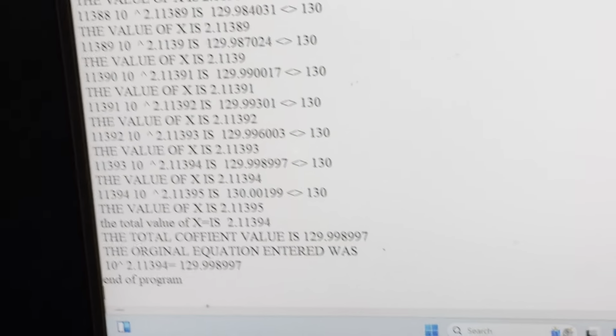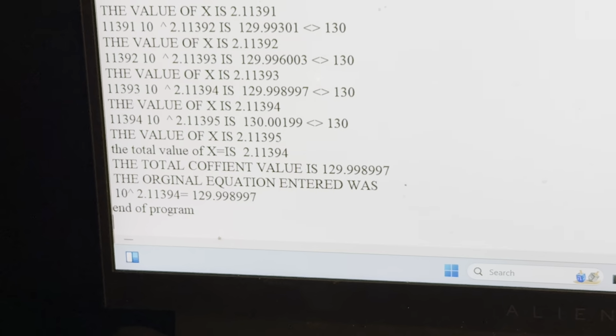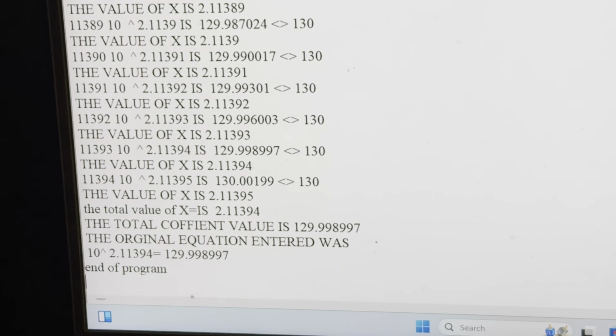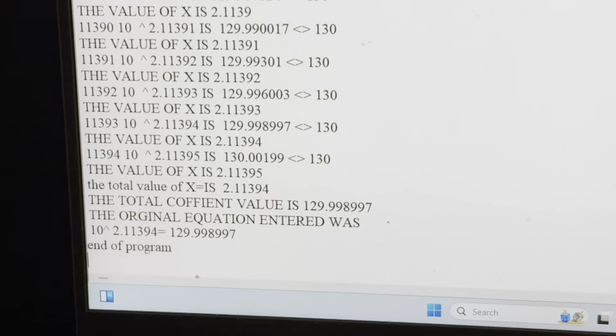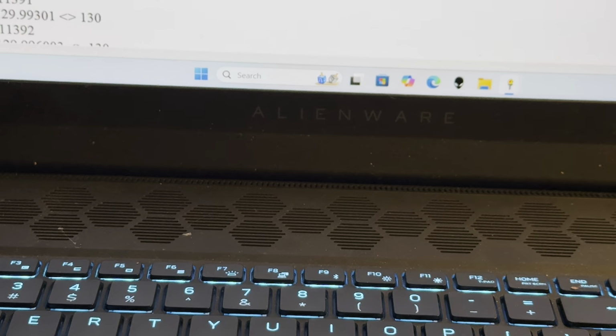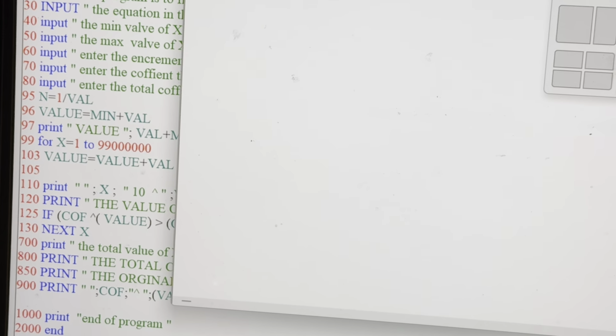This is a computer program, but it could solve basically any type of exponential equation. Let me demonstrate with another one. Let me just close it and go to another one. One moment. Okay, I'm going to put this in again.